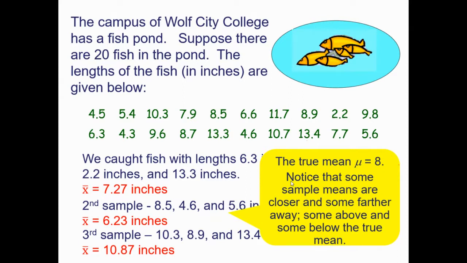So notice that our sample means, some are close to 8, some are further away, some are above, some are below. They're just kind of all dancing around the true mean. They're not all the same. This is what we call sampling variability.